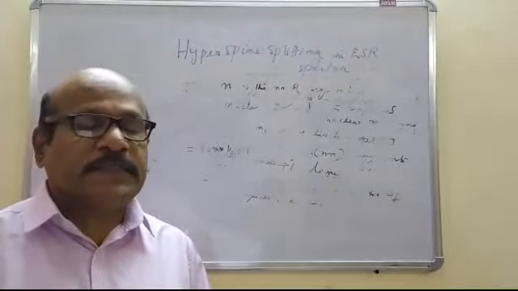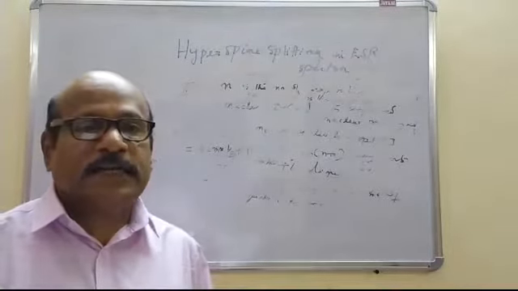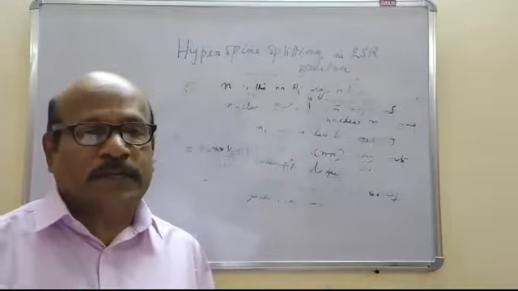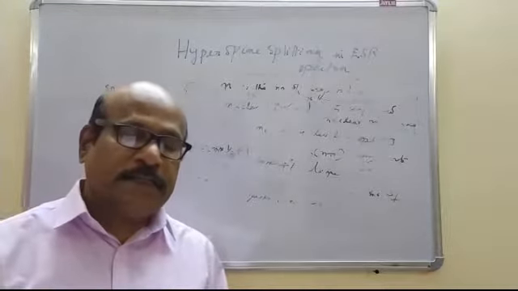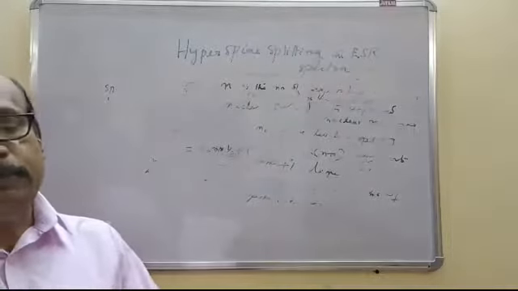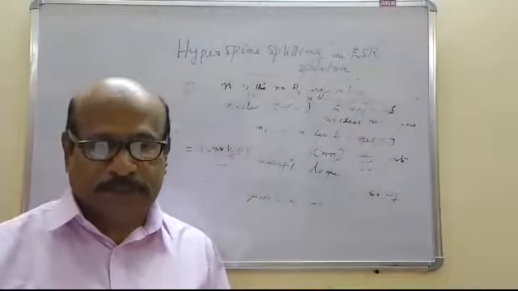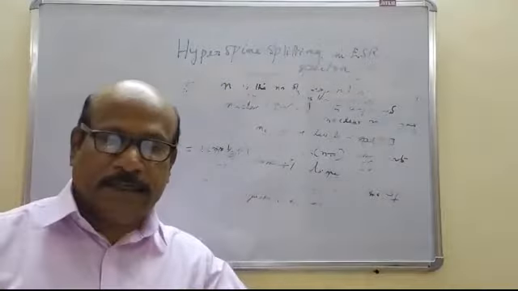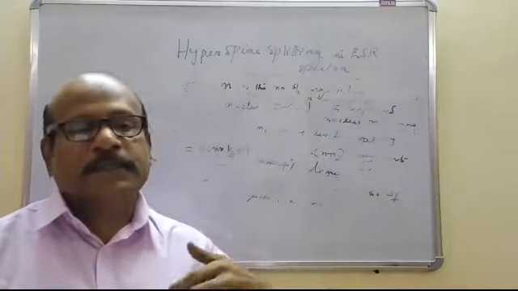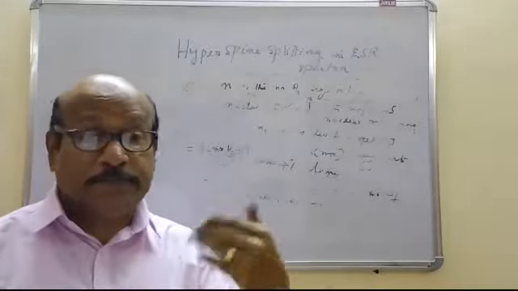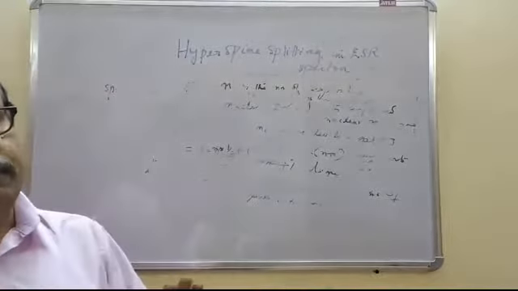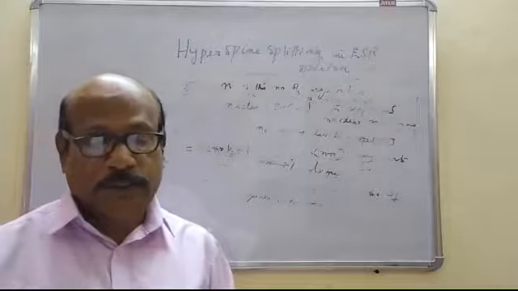Thereby it results in the splitting of the ESR absorption signal into a number of component lines. Suppose I is the spin of the nuclei, then the number of lines is 2I plus 1. Or if n is the number of neighboring nuclei, then the number of lines is n plus 1. So there are 2I plus 1 lines or n plus 1 lines due to the hyperfine splitting.